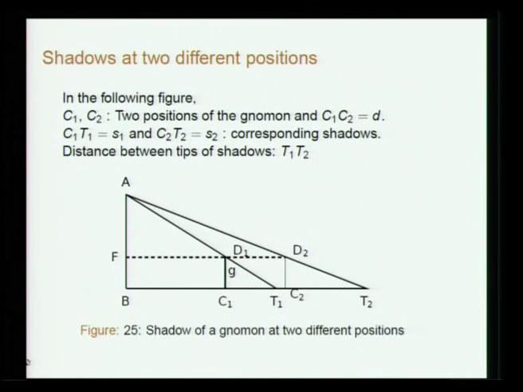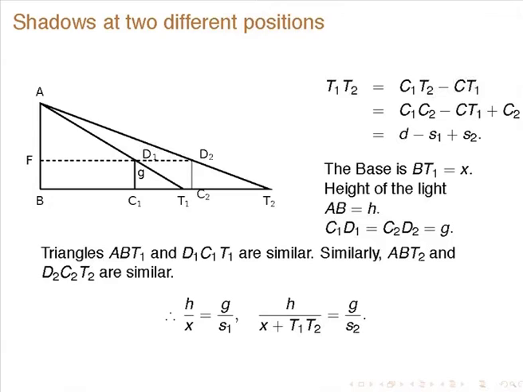It is again elementary similar triangles, and finally what you get is H by X. T1 T2 is C1 T2 minus C1 T1. Triangles AB T1 and D1 C1 T1 are similar, and similarly AB T2 and D2 C2 T2 are similar.